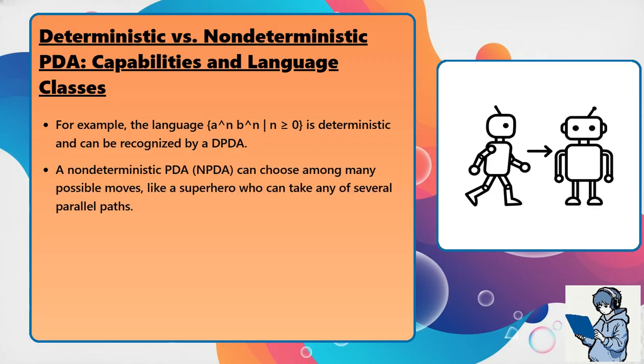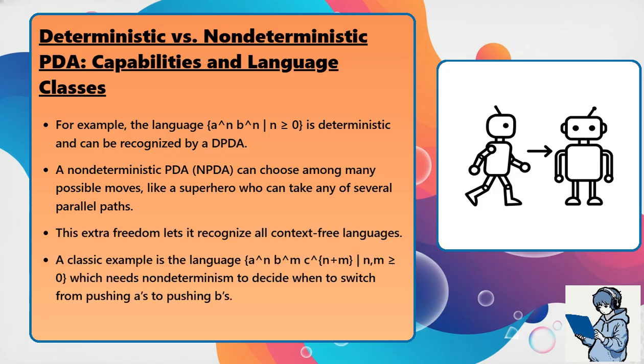A non-deterministic PDA, or NPDA, can choose among many possible moves, like a superhero who can take any of several parallel paths. This extra freedom lets it recognize all context-free languages. A classic example is the language a^n b^m c^(n+m), where n, m are greater than or equal to 0, which needs non-determinism to decide when to switch from pushing a's to pushing b's.